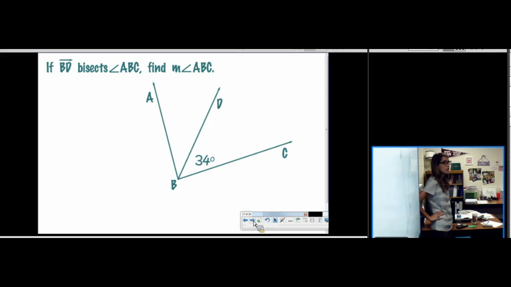Charles, at least draw the picture and we'll get you started. Good. Good, thank you, ma'am. Cut in half.